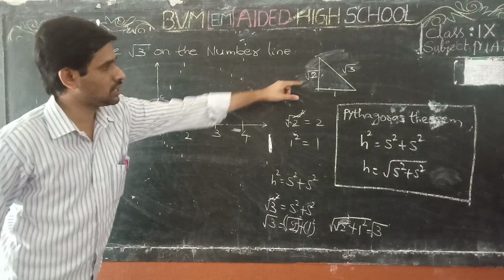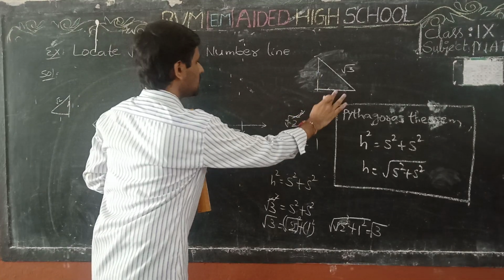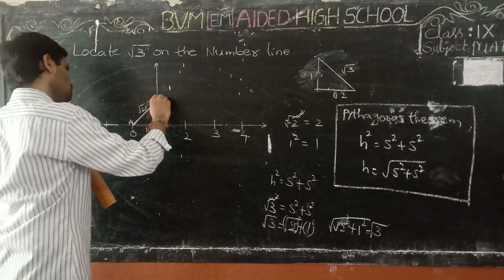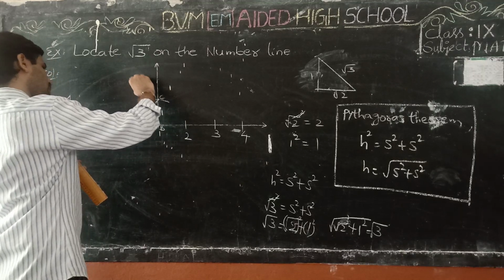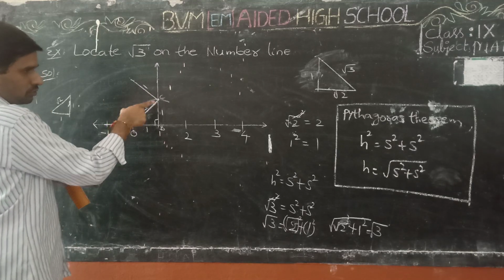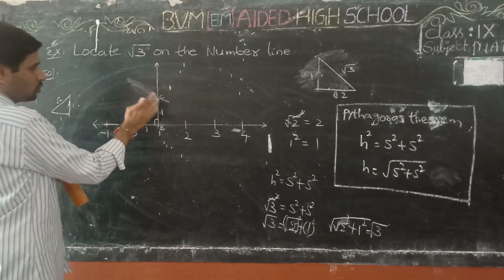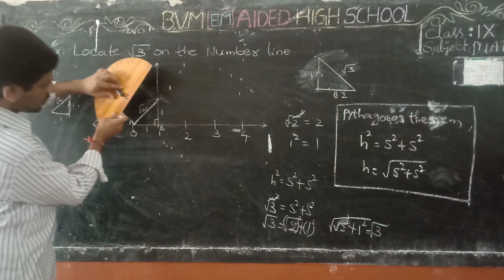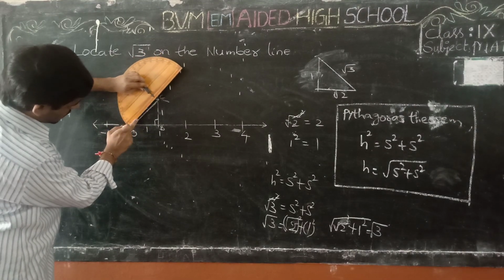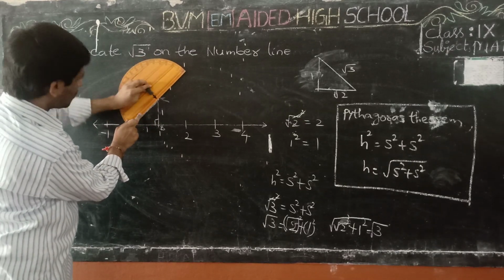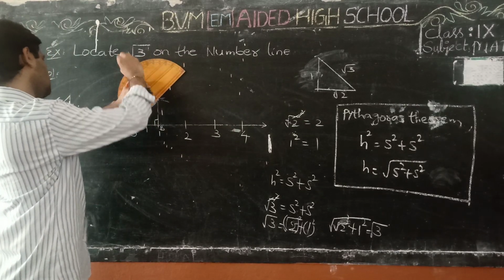Now to represent root 3, take this base as root 2 and height as 1. That means already this base is root 2. Now we need to draw a perpendicular line, measuring 1 unit on this root 2 base. To draw the perpendicular line, take protractor. Take this as base and place the center of the protractor at point C and mark 90 degrees.